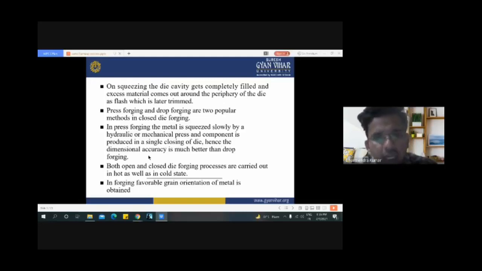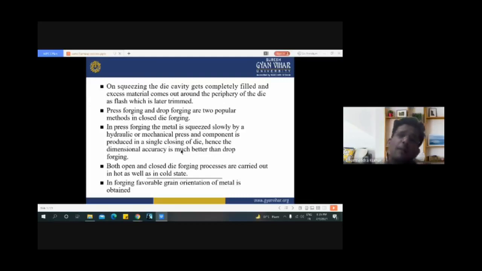Hence, the dimensional accuracy is much better than drop forging. Because in press forging, the metal is squeezed slowly by means of hydraulic force or mechanical force, and the component is produced in a single closing of the die.